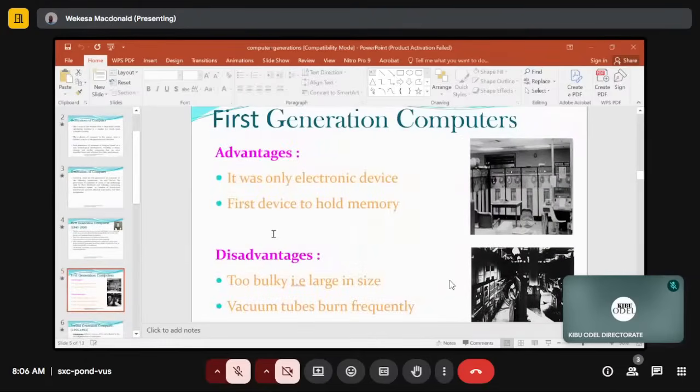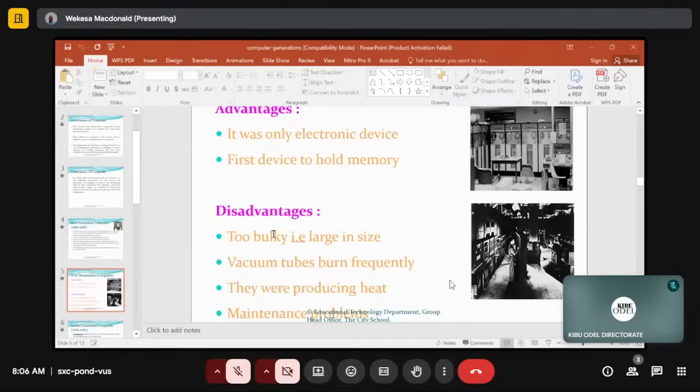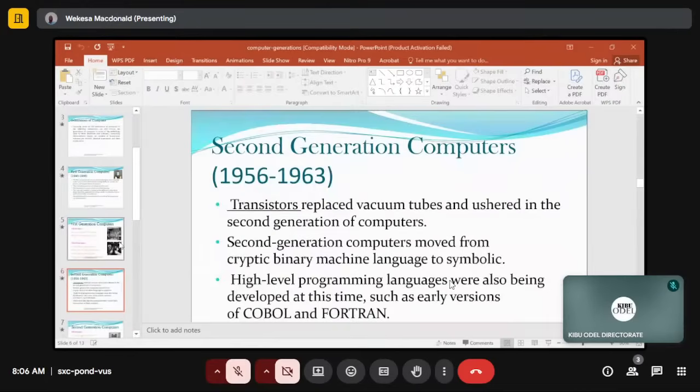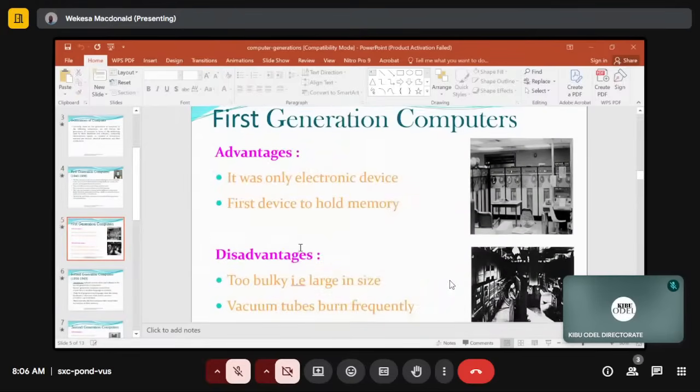So we have said that the first generation computers were the only electronic device and the first to hold memory. Disadvantage is that this machine was very, very bulky.